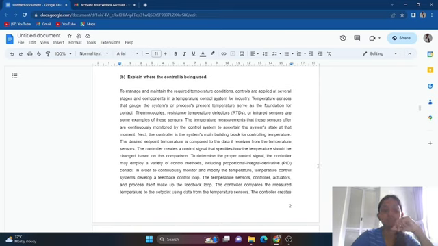To determine the proper control signal, the controller may employ a variety of control methods, including proportional, integral, derivative, which is PID control. The temperature sensor, controller, actuators, and process itself make up the feedback loop. The controller compares the measured temperature to the set point using the data from the temperature sensor.